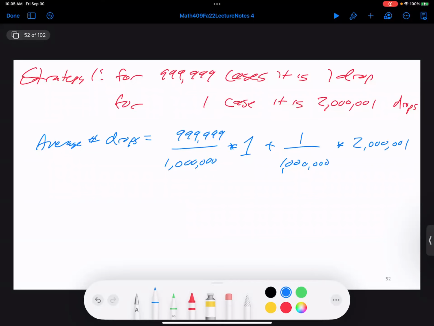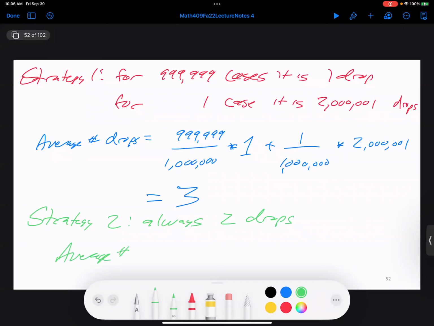If I've chosen those numbers correctly, what does this average to? This would just be 3. So maybe in strategy 2, it's always 2 drops. So the average number of drops is going to be what?